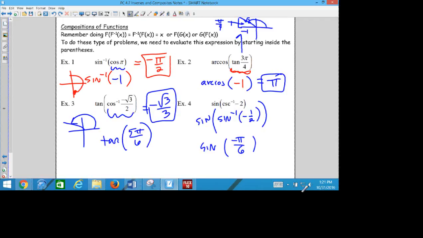What is that? Negative 1/2. You see how these just kind of undid each other a little bit? Because the inverse and the function undo each other.